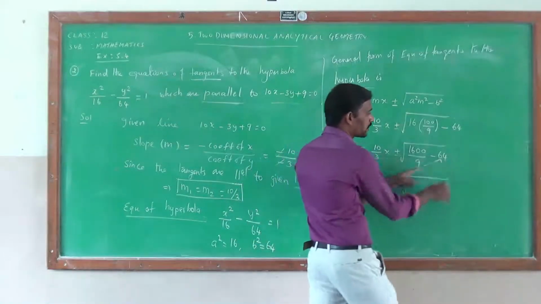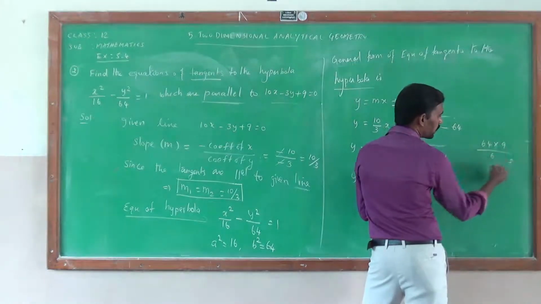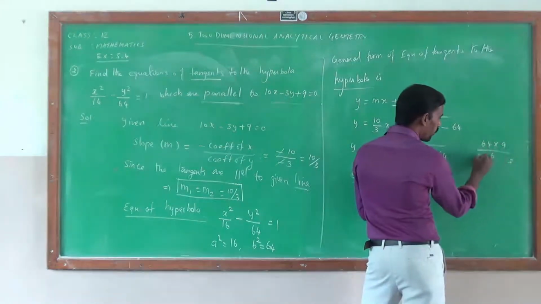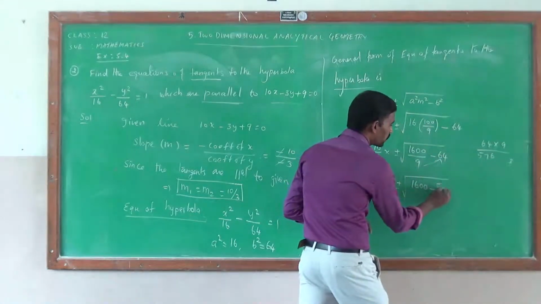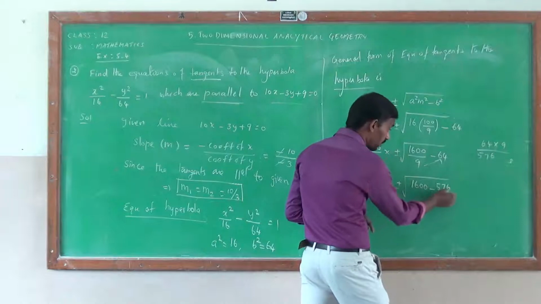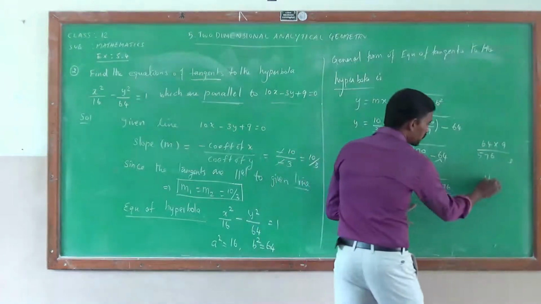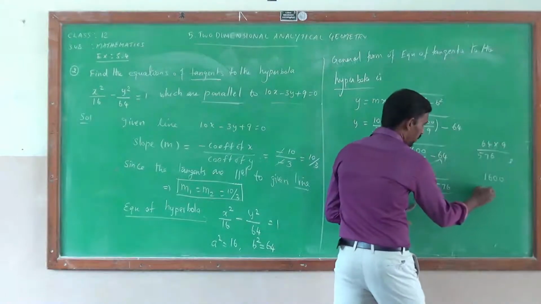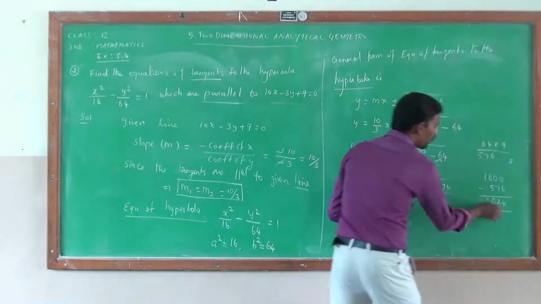Cross multiplying, 64 into 9: 9 4 are 36, 6 balance 3; 9 6 are 54, so 576. So 1600 minus 576 divided by 9. Subtracting this, 1600 minus 576, we get 1024.